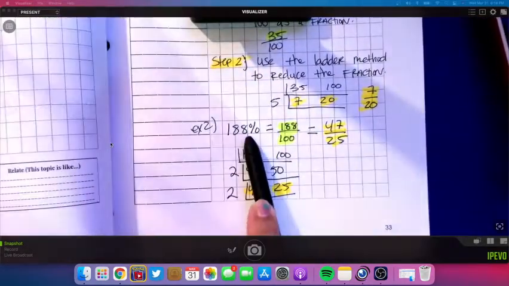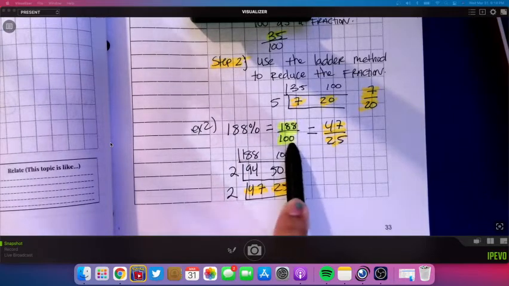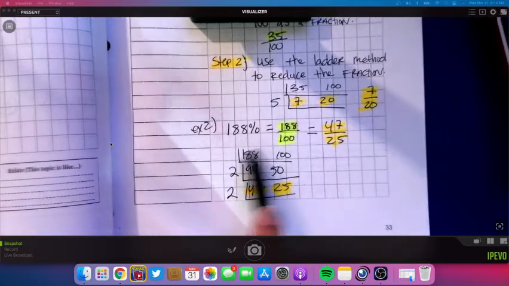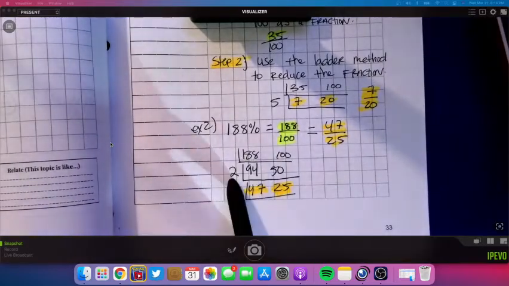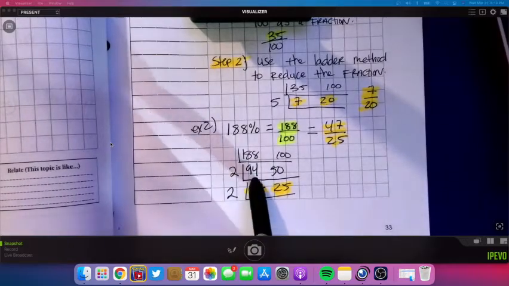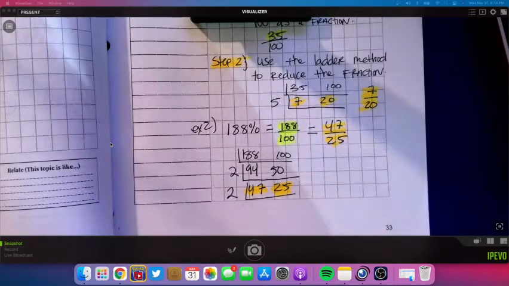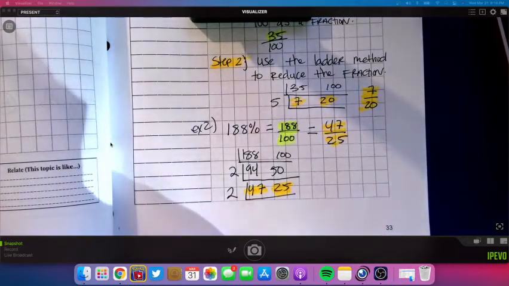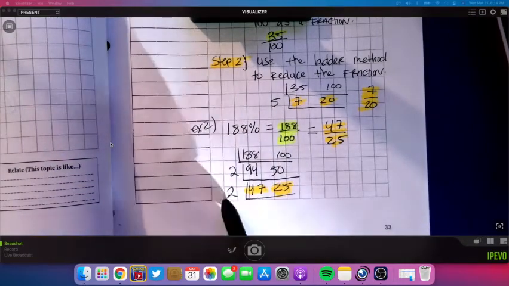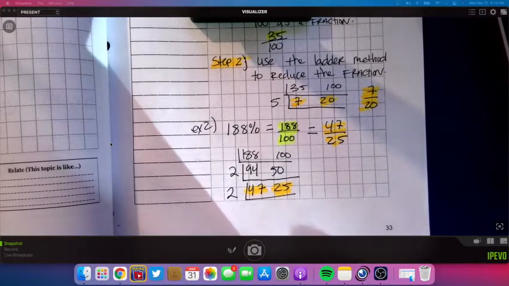Example 2, same thing, 188%. First step is to put 188 over 100. And then we do our ladder method. They're both even numbers. If they are both even numbers, you can always divide by 2. 188 divided by 2 is 94. 100 divided by 2 is 50. 94 and 50 are both still even numbers, so you can divide by 2 again. 94 divided by 2 is 47. 50 divided by 2 is 25. 47 is a prime number, which means you cannot divide anymore.